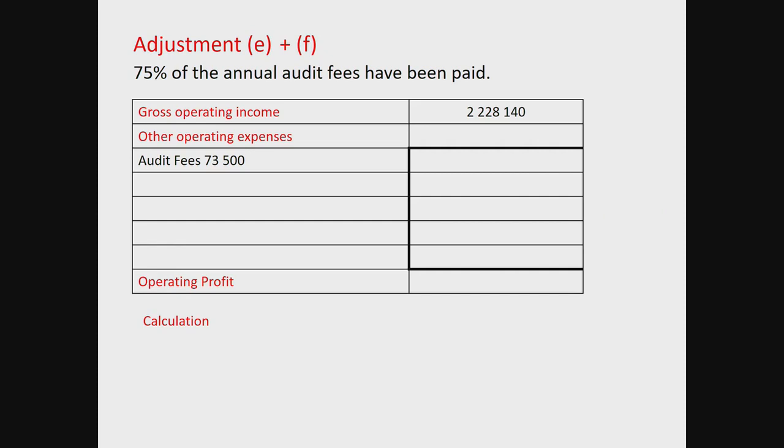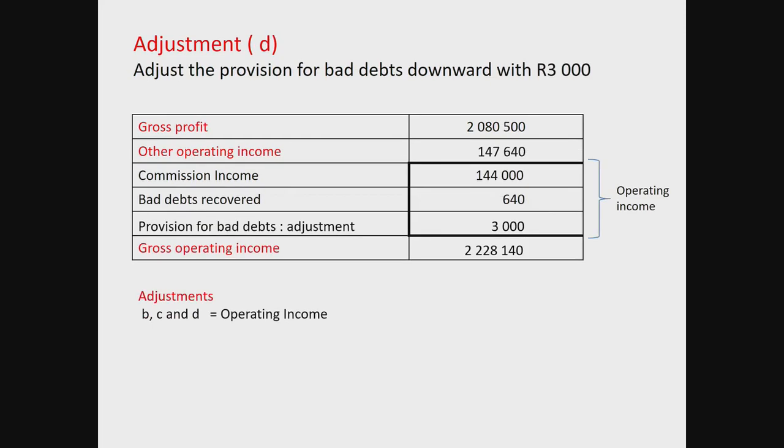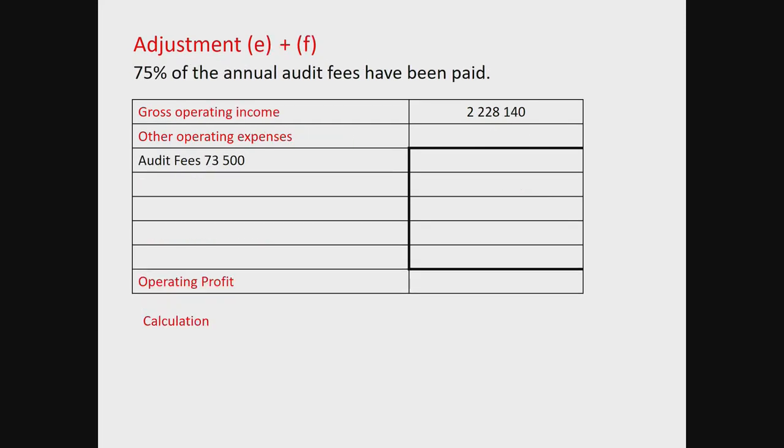That total that you see on the screen there of 2,228,140 came from the previous screen. Let's just go back quickly. There you can see that's the bottom line. Now we're moving on to a different section of the income statement, and on top, it says which adjustments we are covering in this block.